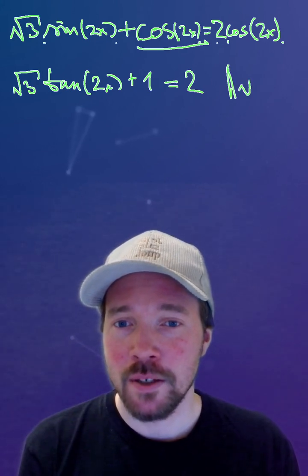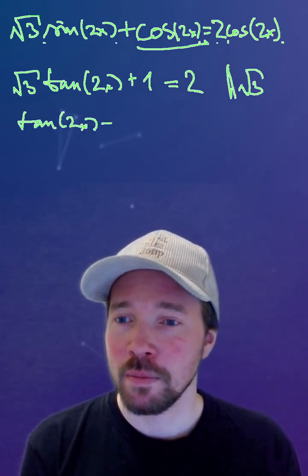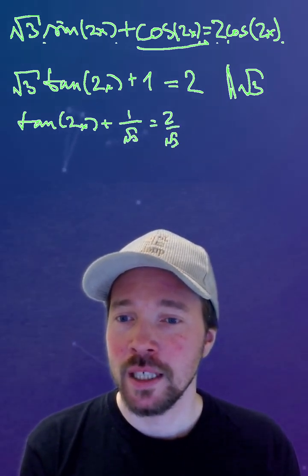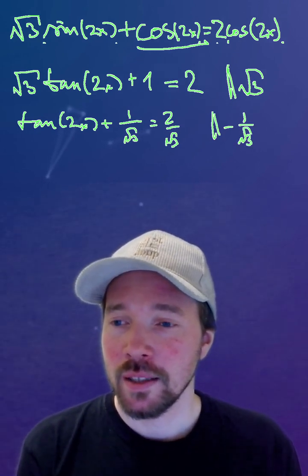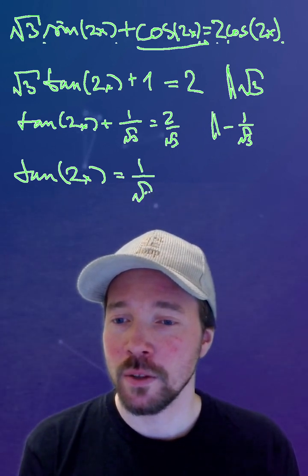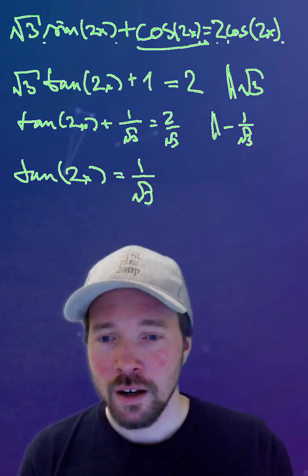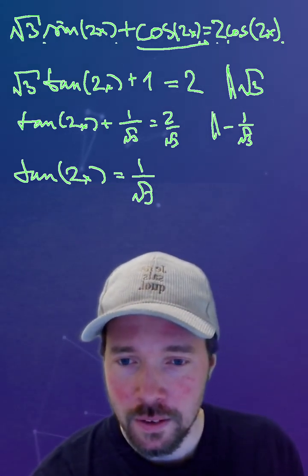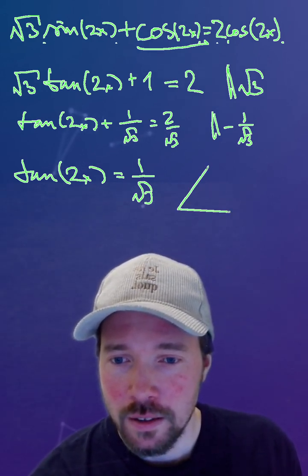Now divide by square root of 3, tangent 2x plus 1 over square root of 3 is 2 divided by square root of 3. Then minus 1 divided by square root of 3, we get tangent 2x equals 1 divided by square root of 3. From this, now using the same argument with the triangle, take the equilateral triangle, my favorite equilateral triangle.